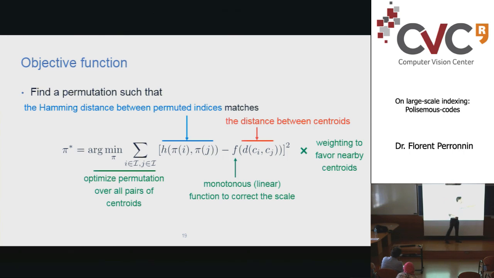And then we also added a weighting term to favor nearby centroids. Our goal is not to replicate the distance very accurately between centroids which are very far away, but those which are close, because these are those for which there is the most ambiguity and for which we want to be very accurate.